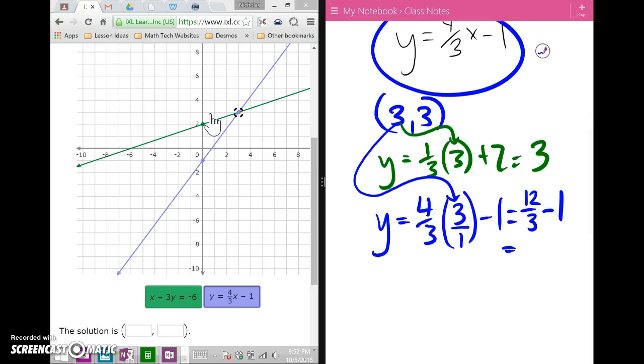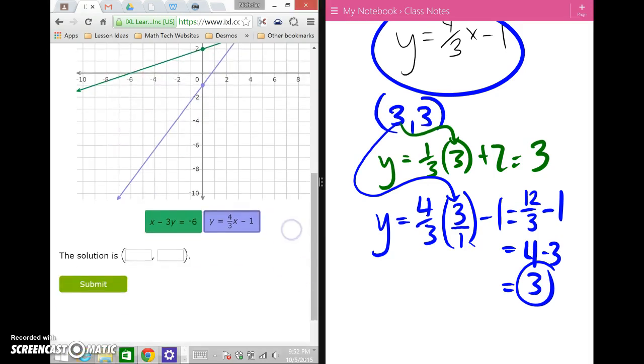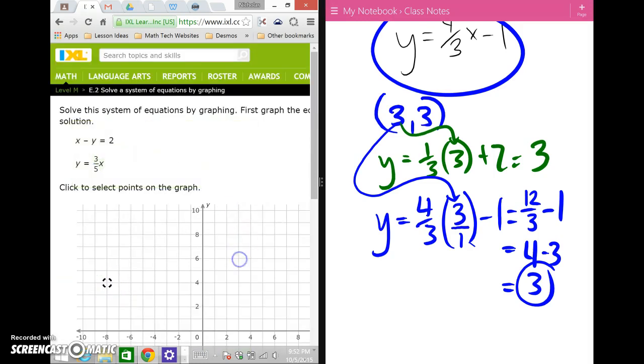And 12 over 3 is 4, minus 1, which is equal to 3. Hallelujah. It is 3. So that must mean that our answer, I can be rest assured, is 3. And let's check it. Look at that. Great job. So that's how we do those.